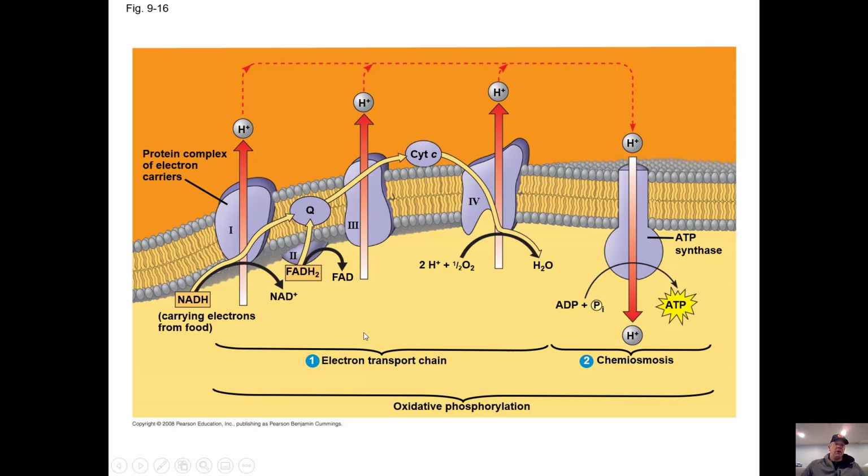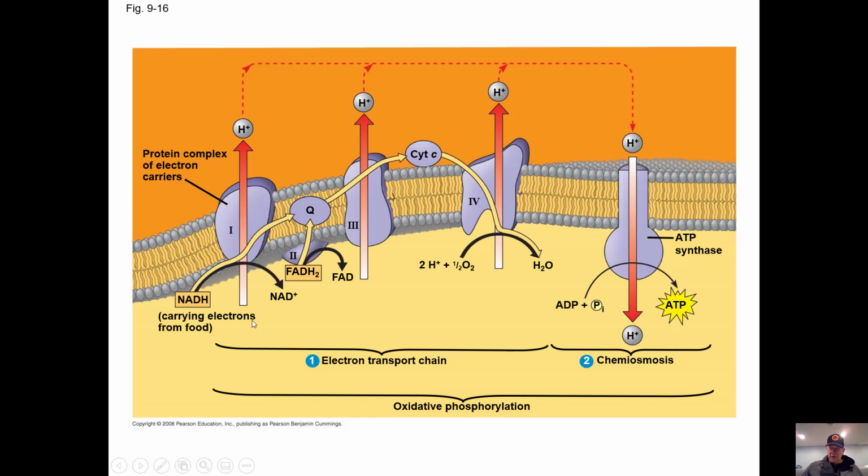So we have NADH over on the left here, and it's going to get oxidized. It's going to lose its electrons, but those electrons have energy, so that energy is actually going to be utilized to pump hydrogen from inside the matrix to the intermembrane space.